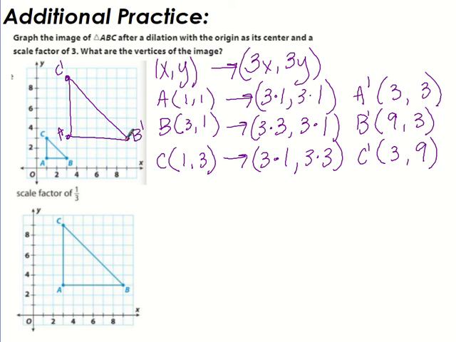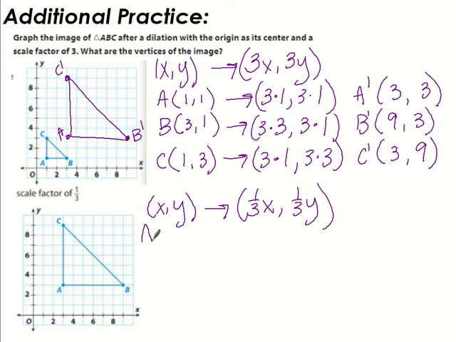All right, so when we have a scale factor of a fraction, we actually write the rule the same way. We just write our fraction in. So there's our algebraic expression or our rule. So again, I'm going to write down my points, A, B, C. Interesting enough, they're these. So A is at 3, 3.